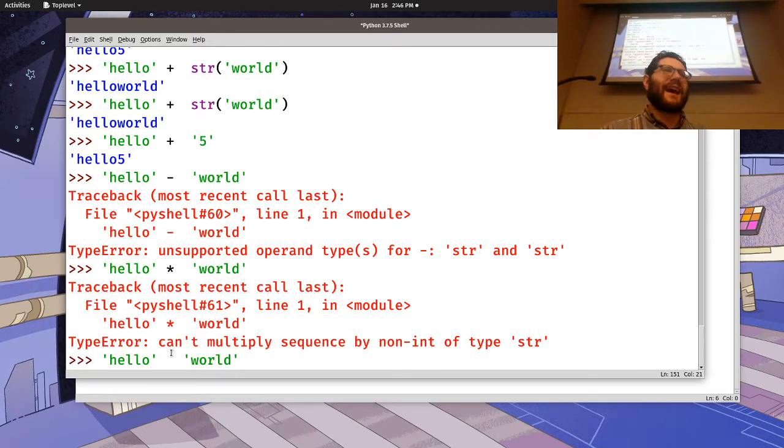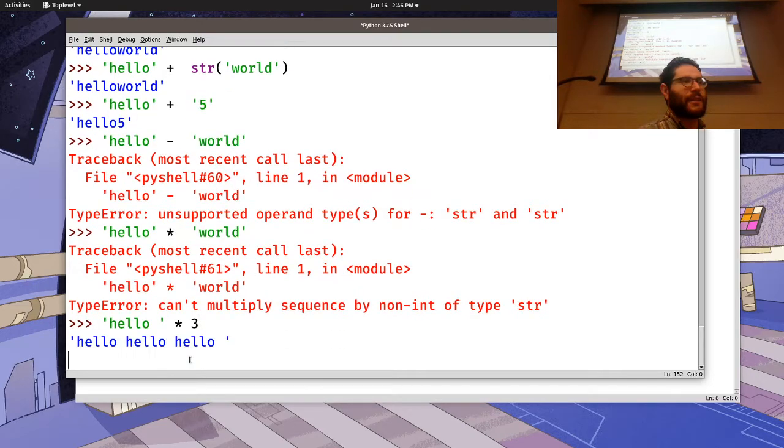Okay, and now we're back to that. One of the things you can do in Python, which is really cool, is take a string, so hello with a space, and then do a multiplication operation, and it does exactly what you'd expect. Multiply by 3, it gives me hello, hello, hello. That makes sense. Python likes to make sense.